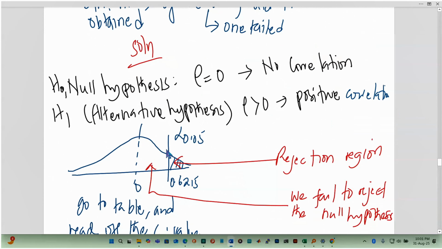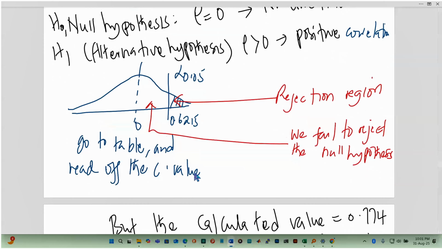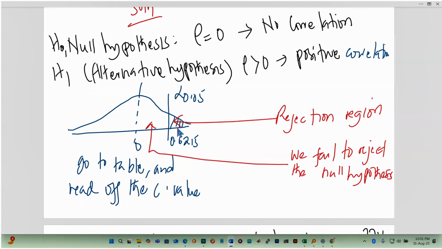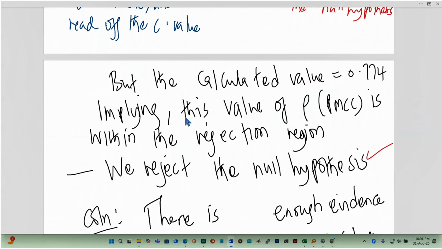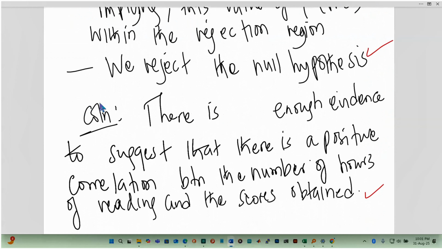You draw your distribution curve, then you go to the table, get the critical value, and determine whether the calculated value is within the rejection region or not. If it is within the rejection region, then we reject the null hypothesis, and the conclusion is there is enough evidence to suggest that there is a positive correlation between the number of hours of reading and the scores.